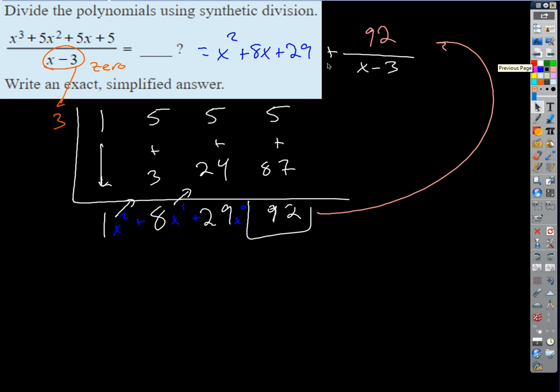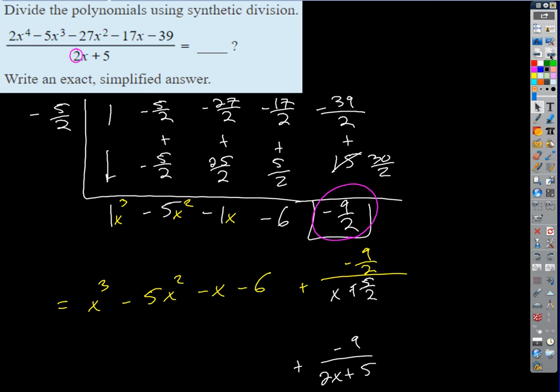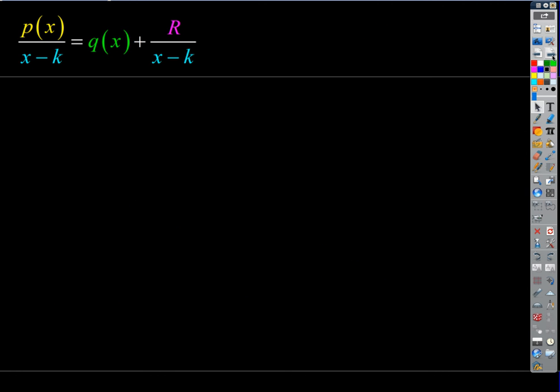That, in general, looks like this. When we divide a polynomial by a linear factor like this, we're going to get the regular polynomial part plus what remains over the original denominator.